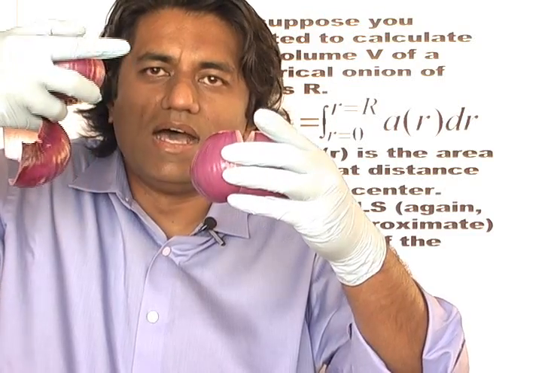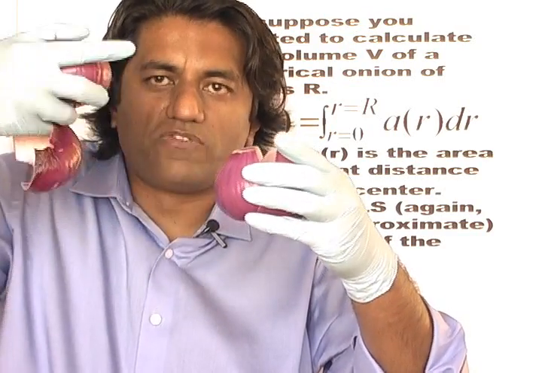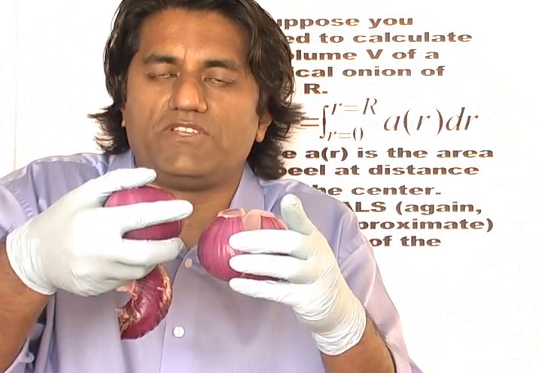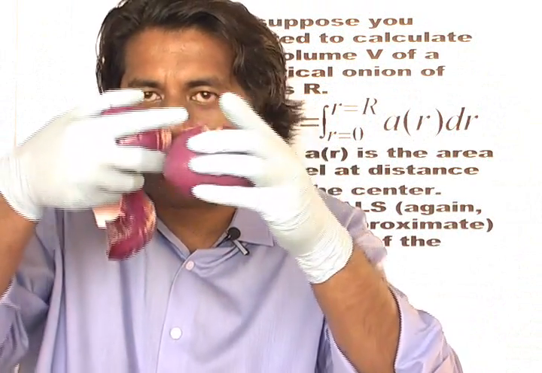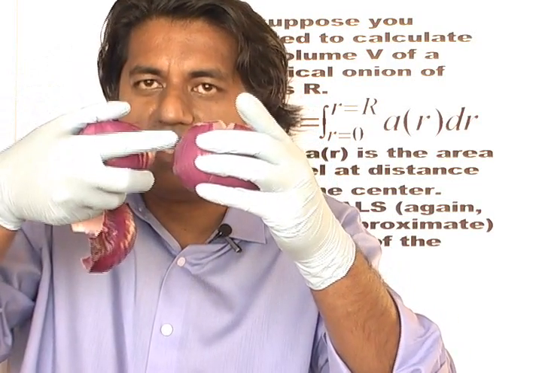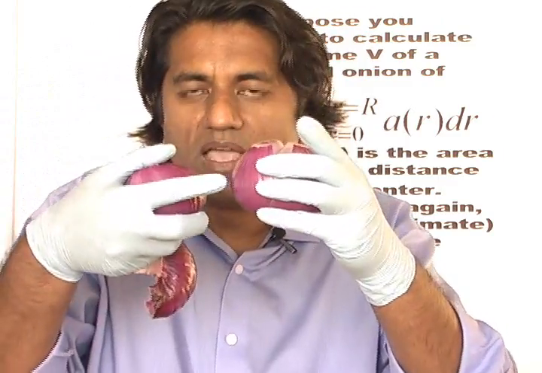And the volume of this hollow sphere is again its surface area, which is going to be a bit less than the largest hollow sphere we had earlier, because this has a smaller radius. So it's the surface area of this, times dr, and so on.